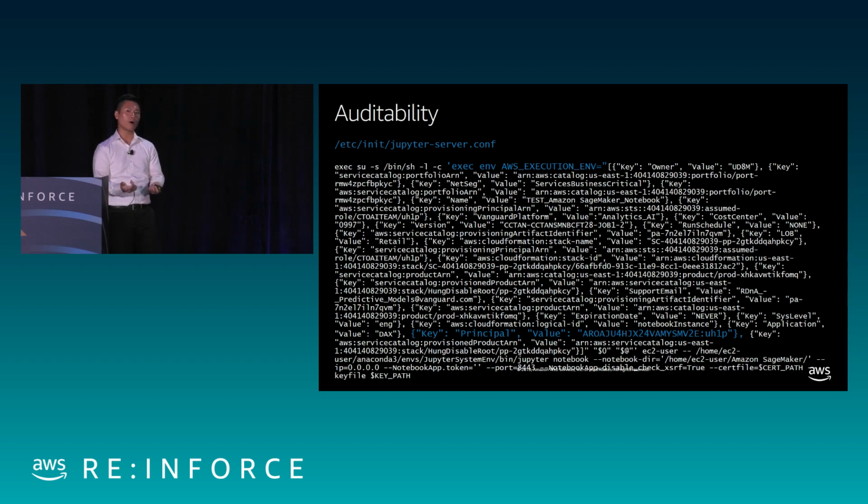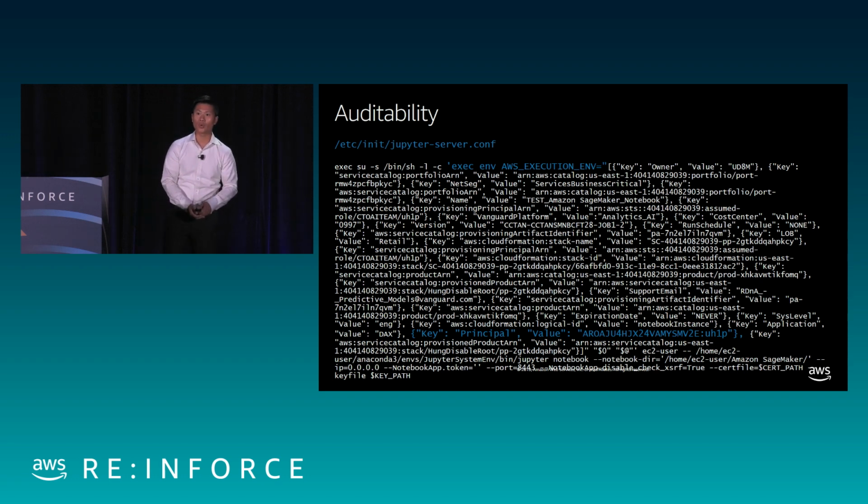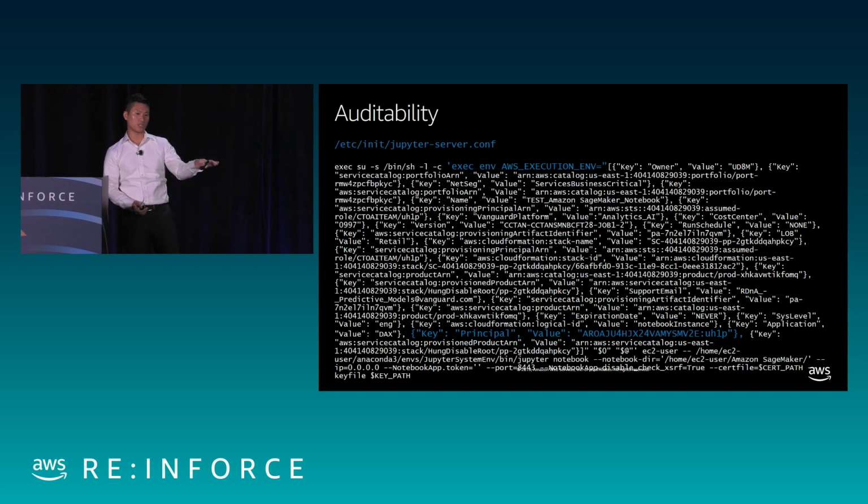So to solve that problem, what we did is we modified the Jupyter server configurations, and we created an environment variable called AWS execution env for the SageMaker server process. That's what you see on the screen. And the value for that environment variable is all the tags in the SageMaker notebook, which also contain the principal tag, which contains the user ID.